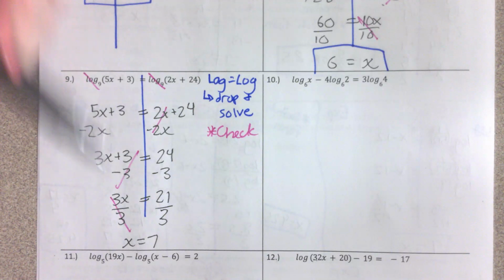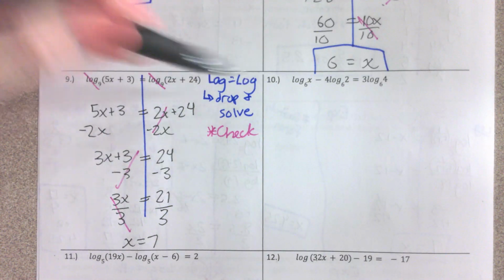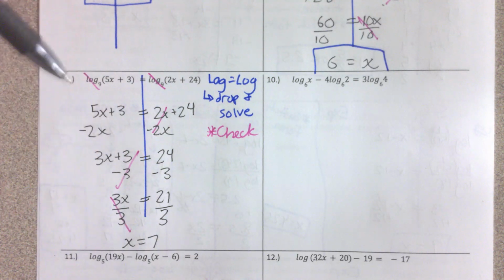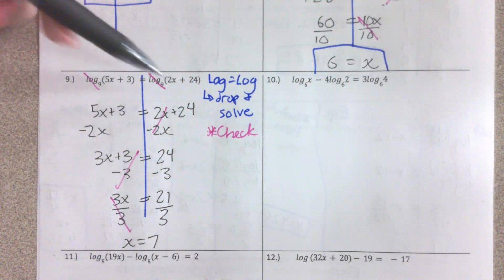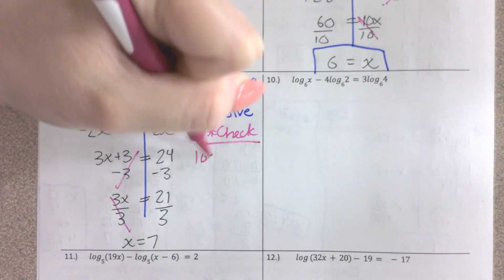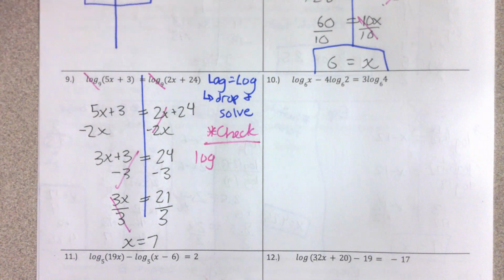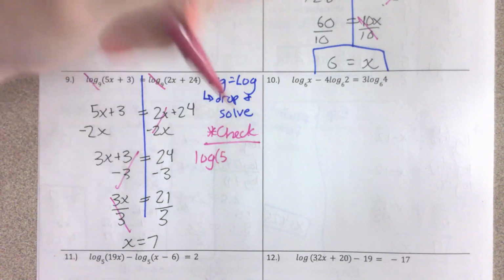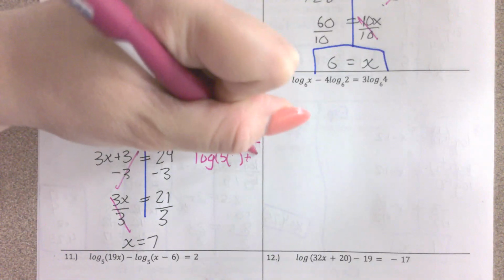Now here's where we definitely need to check. Since we had log equals log, that's the type that can produce a no solution. So I just plugged the 7 back in the logs that have letters, and that is both of them. So I have log, and don't worry about the base, of 5 times 7 plus 3.